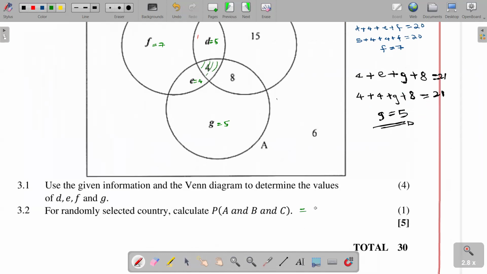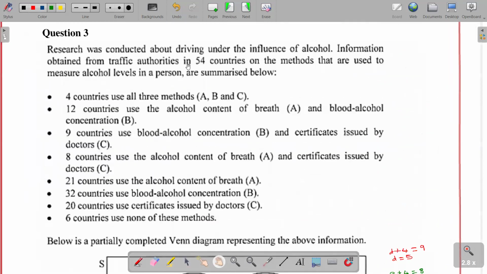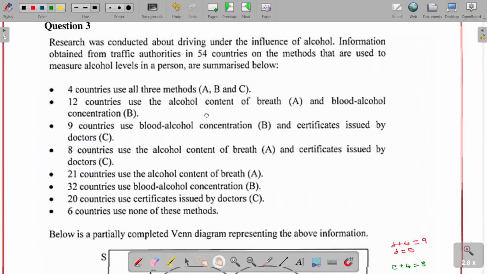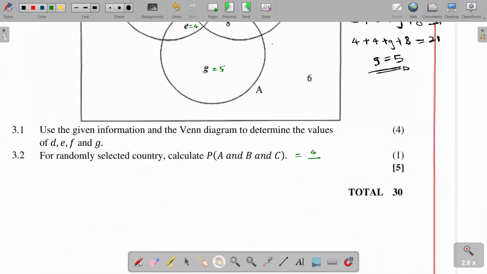There are 4, divided by how many countries were there altogether? You are told that 54 countries were part of the survey. So it's 4 divided by 54. Then reduce that, it is going to give us 2 divided by 27 as our final answer. Thank you.